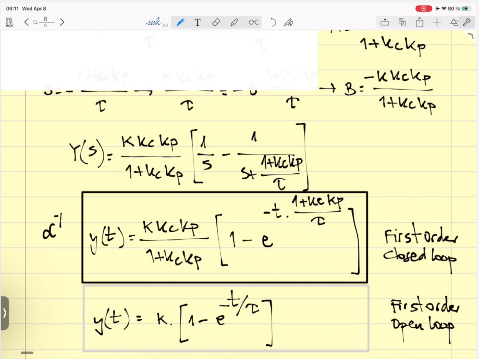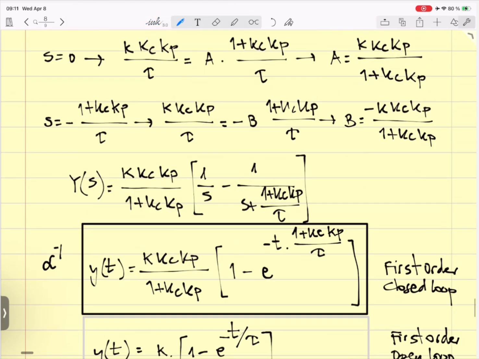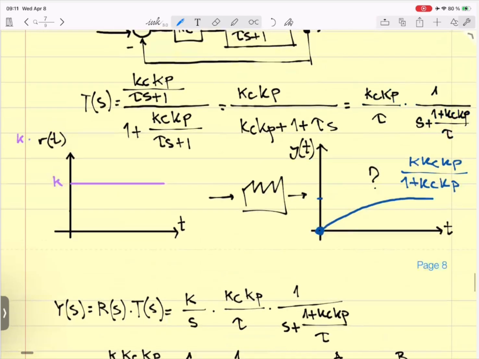Depending on the values of kc or kp, you will get higher than k or lower than k. Okay? So this is the first order response of our system.